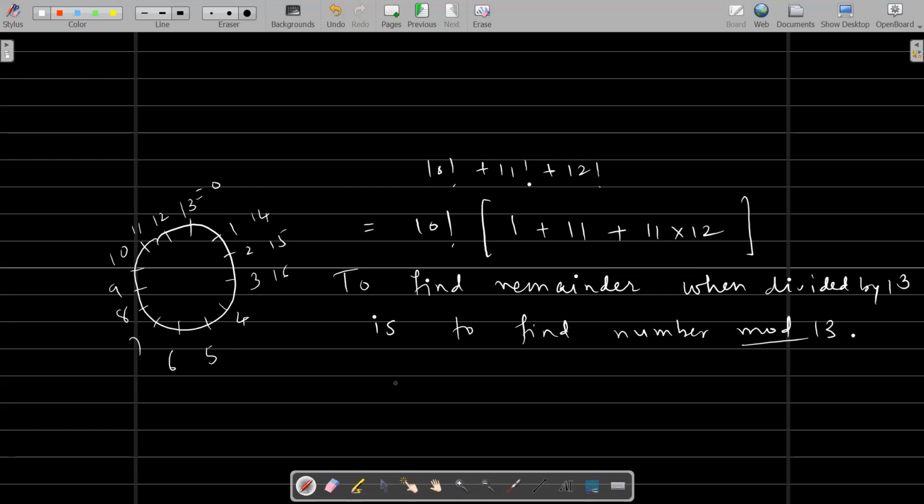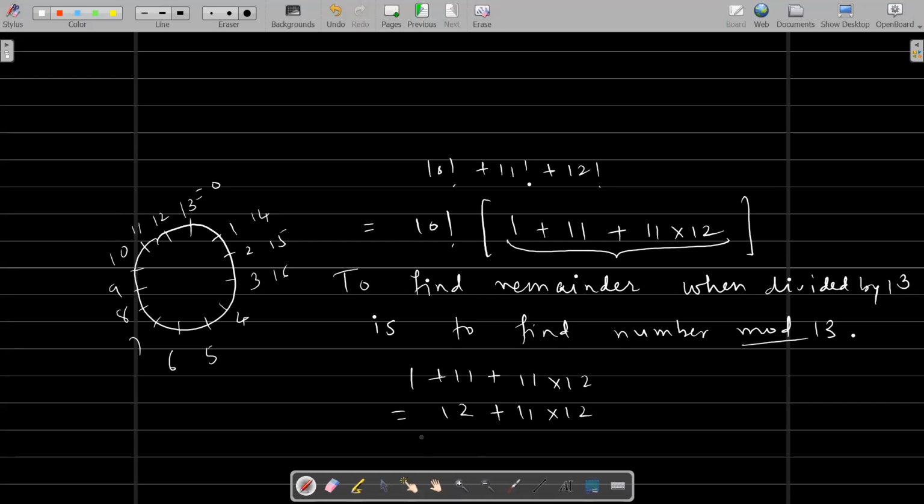So let's work out this simple number modulo 13: 1 plus 11 plus 11 into 12.